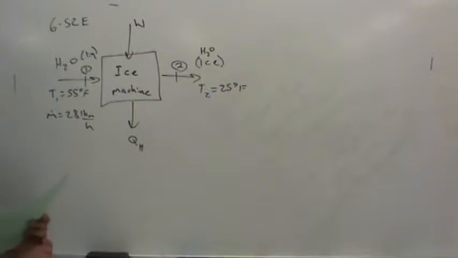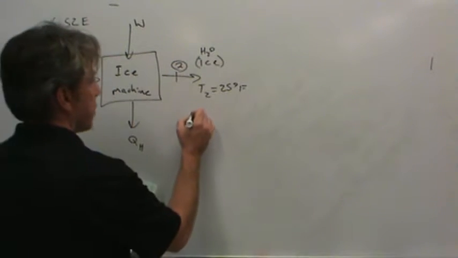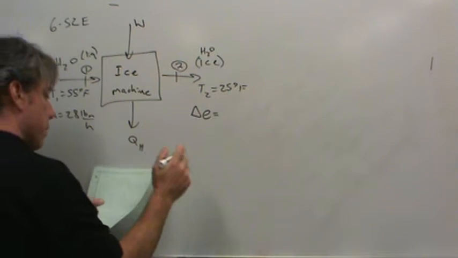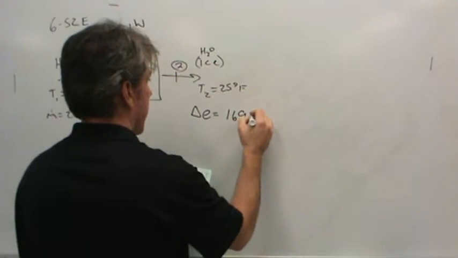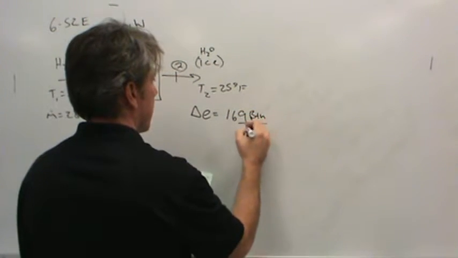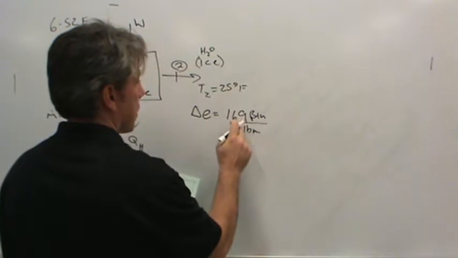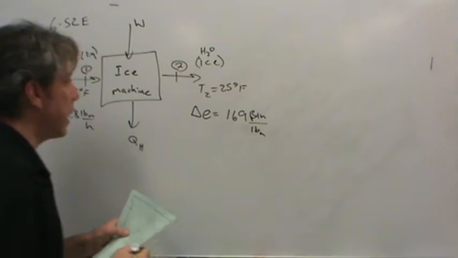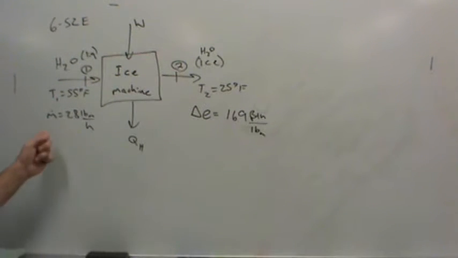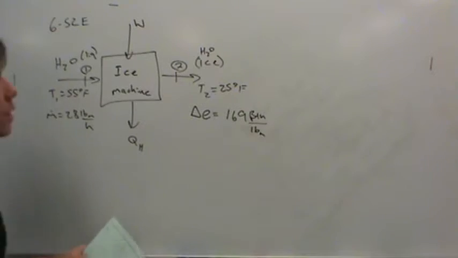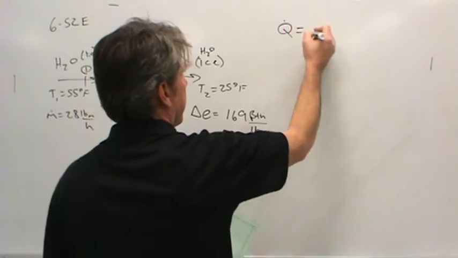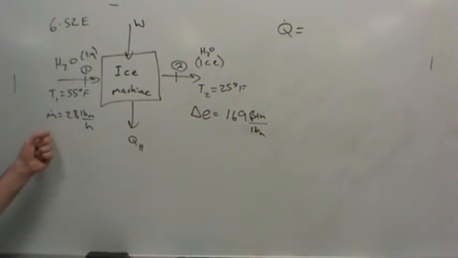Now, like I said, your author has given us some really good information because the change in energy of the water as it flows through is 169 BTUs per pound mass. So each pound that comes through here has to lose a certain amount of energy. So let's calculate how much energy loss that is. Well, now we know that's a heat flow, right? And it's going to be a heat flow rate because we have a mass flow rate.